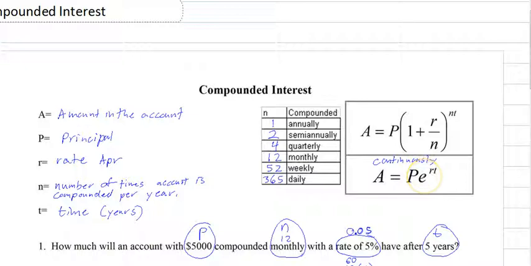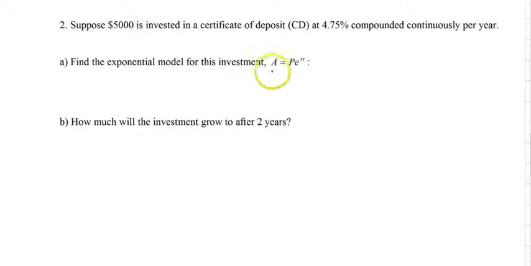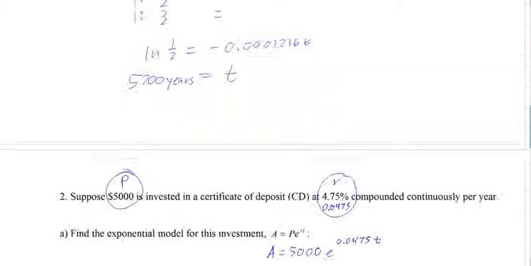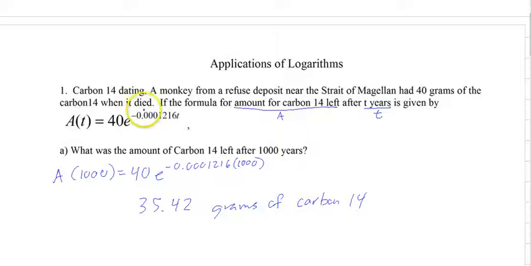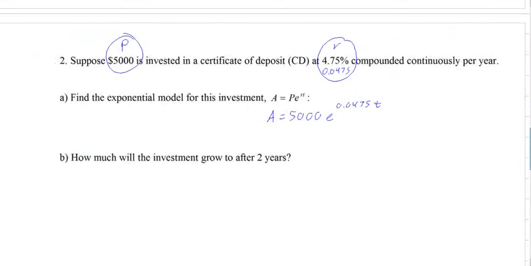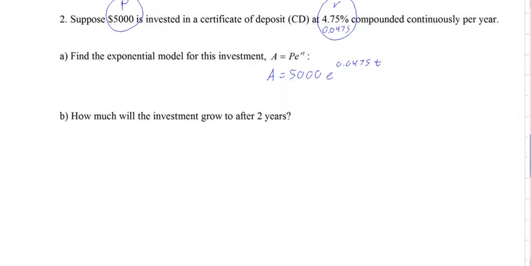A is the amount, P is our principal, and R is our rate. To make a formula, we take our principal, we take our rate, turning it into a decimal, and we just plug them in. And there we go. Now we have a formula very similar to our decay formula, except that's a negative because it's decaying, and that's a positive because it's growing.